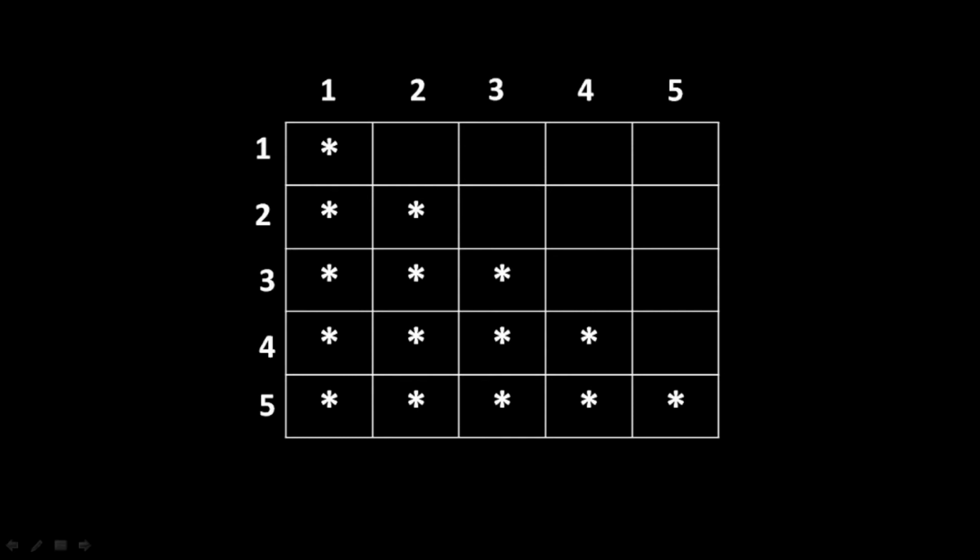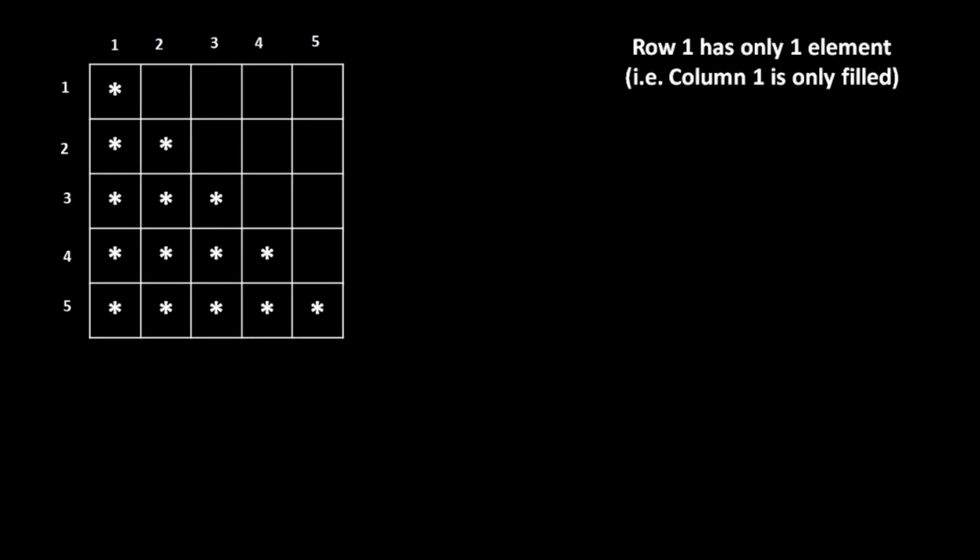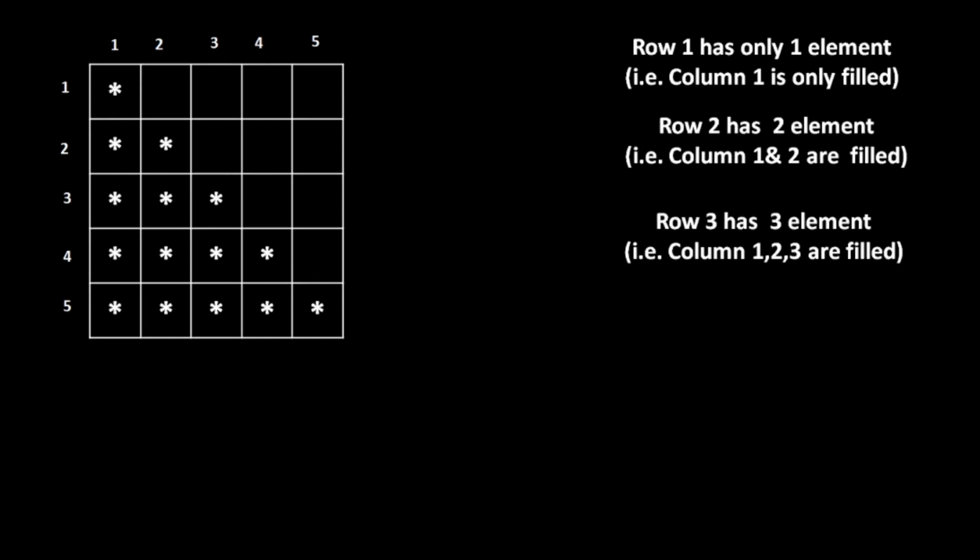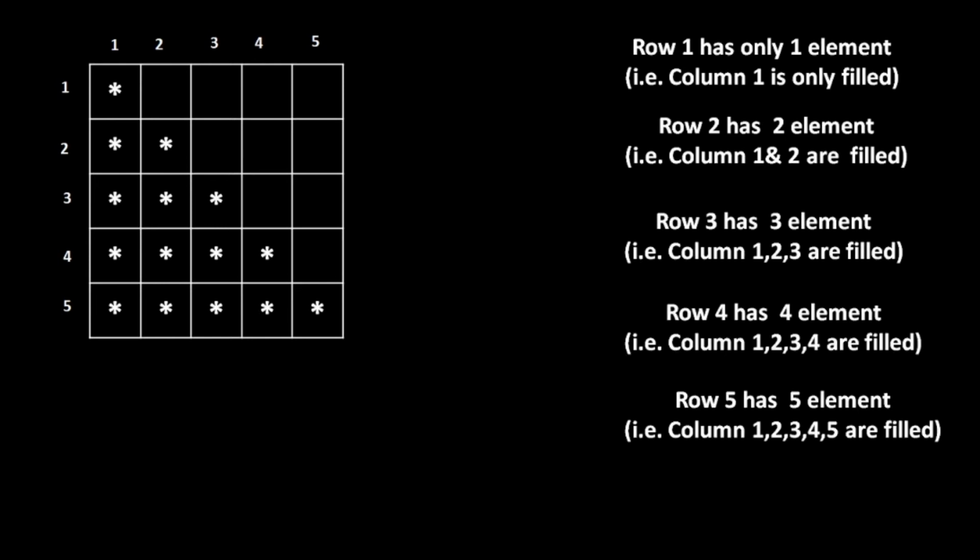When we observe this table very carefully, we find that row 1 has only one element, so only column 1 is filled. Similarly, row 2 has two elements, and columns 1 and 2 are filled. Likewise, row 3 has 3 elements, and columns 1, 2 and 3 are filled. This process continues: row 4 has 4 elements, and row 5 has 5 elements.